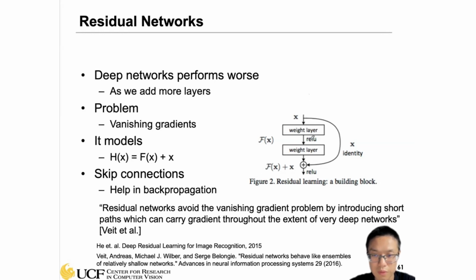But if we introduce this kind of skip connection, it helps the backpropagation, because this short path carries gradient throughout some of the previous layers, so that you still have gradient flow if you have a very deep network. So if you're interested, you can read this paper. They have some insight into why ResNet is, to some extent, able to prevent the vanishing gradient problem.